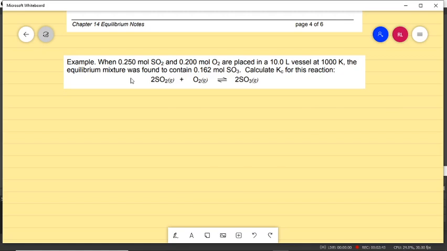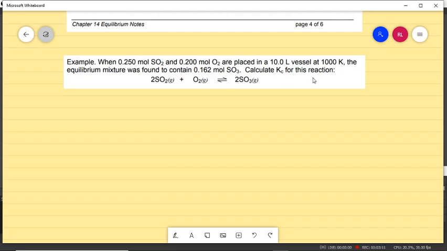When 0.250 mole of sulfur dioxide and 0.200 mole of oxygen gas are placed in a 10-liter vessel at 1000 Kelvin, the equilibrium mixture was found to contain 0.162 mole of sulfur trioxide. Calculate the equilibrium constant for this reaction.